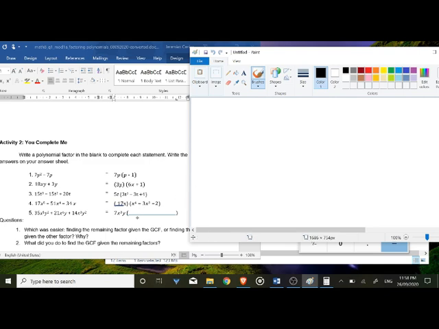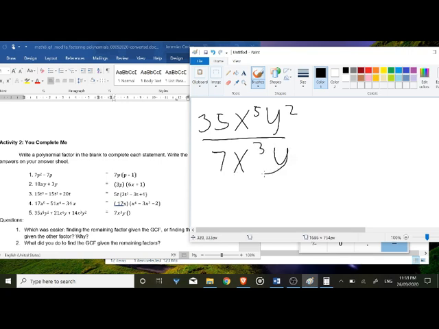And then last number na tayo, mga katropa. So same process po. Let us look at the factors. Given po si monomial factor, to get the other factor, we have to divide the common monomial factor to each term of the given polynomial. That's 35 x to the 5 y squared over 7x cubed y.